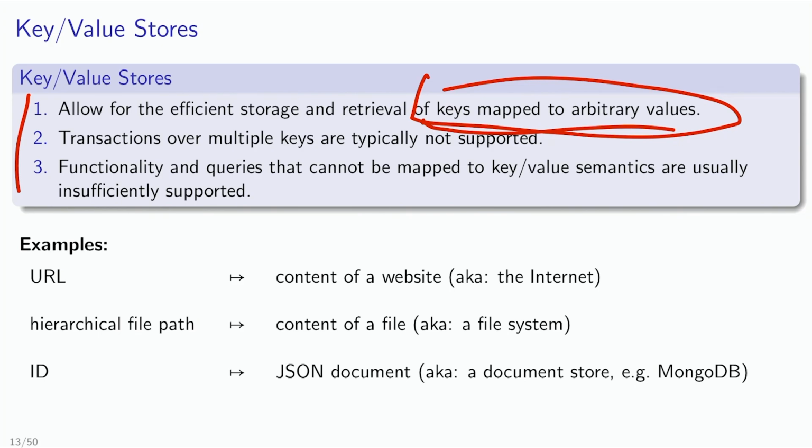Now, if you think about the accounts example we had for transactions, when we do a money transfer from one account to another, that's 2 keys, 2 account numbers that are being manipulated, but this is only one. So a transaction for money transfer doesn't work typically in the key value store. And functionality inquiries that cannot be mapped to the key value semantics are usually insufficiently supported.